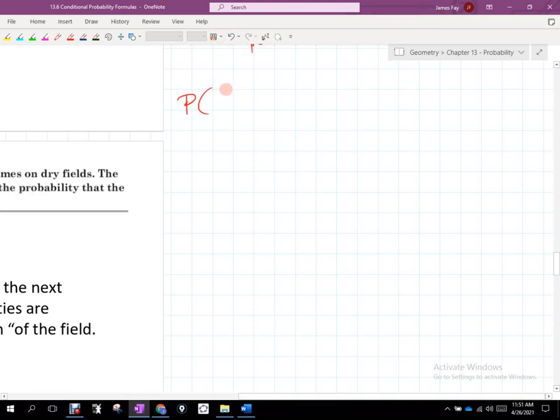Okay, a spinner and a coin toss. So let's say we have a spinner and it lands on yellow, given that we've already flipped a coin that was heads. I want to know the probability that I get a yellow on the spinner given that a heads has already shown up. Because those are independent events, one does not impact the other, right? So doesn't it make sense that this would just be the probability of yellow?